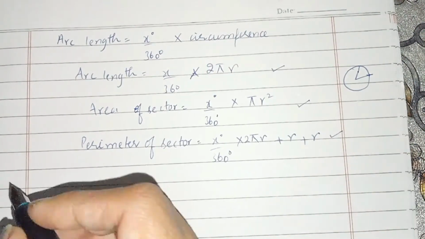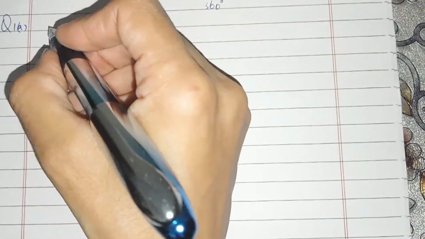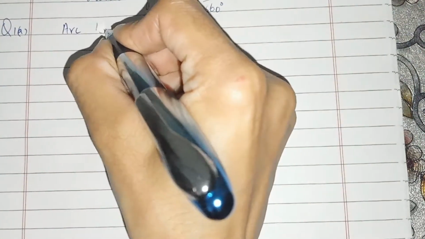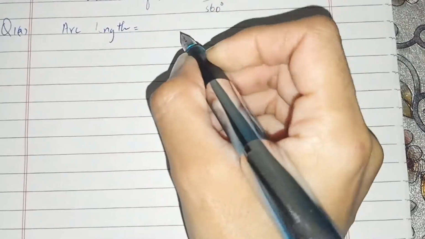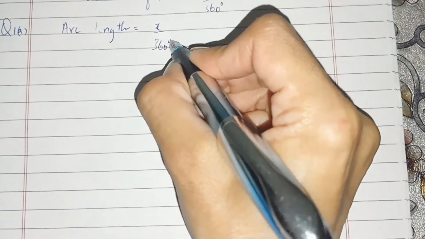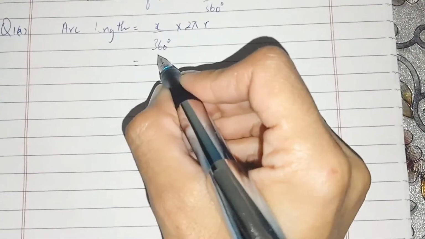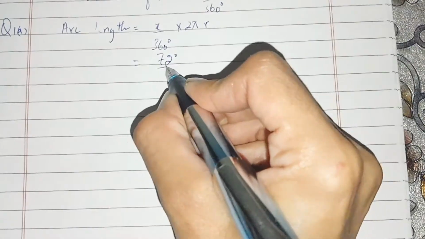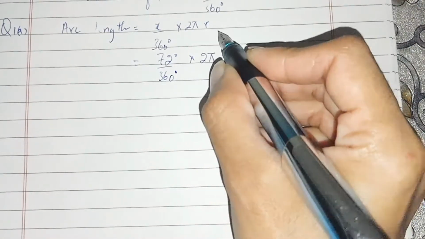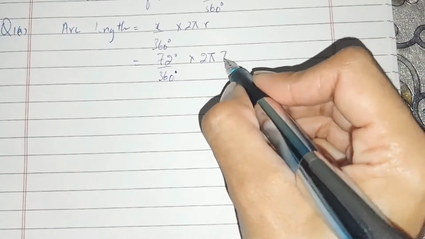Let's start, students. In part A, radius and angle of sector is given to us and we have to find the arc length. The formula for arc length is x over 360 degree multiplied by 2 pi r. X is 72 and this is 360 degree, and you have to multiply. R is also given to us, which is 7.